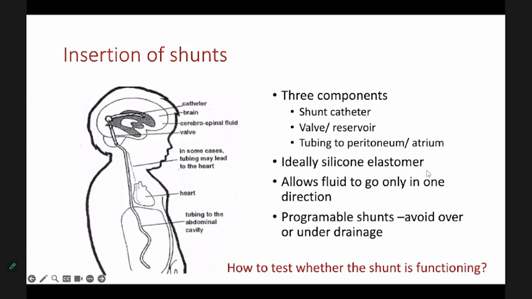But with a programmable shunt, the aperture of the shunt is externally programmable, so I can decide how much to open and control the flow outward, so that we don't have sudden collapse of the system, nor too slow drainage of the hydrocephalus.